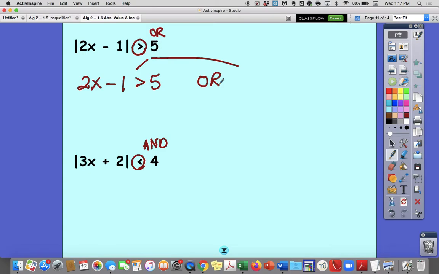When we come to the second part, here's the tricky part. You put the inside of your absolute value down, and you're going to keep that negative 5, but you have to take your inequality and flip it. So we flip the inequality and change the sign.